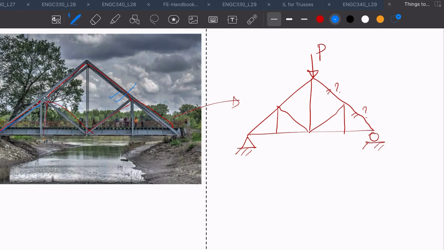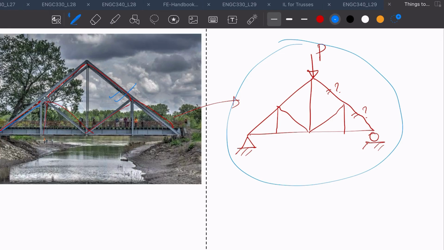So today I'm going to show you the things you need to know when you analyze a structure, especially this kind of structure, because there are some requirements that you must know when you analyze a planar truss. Okay, so that's what I'm going to talk about today in this video.